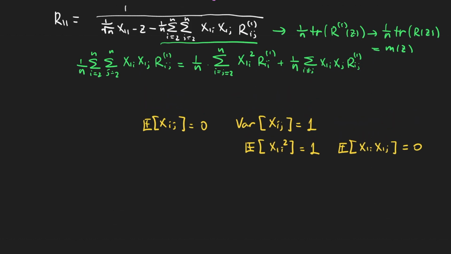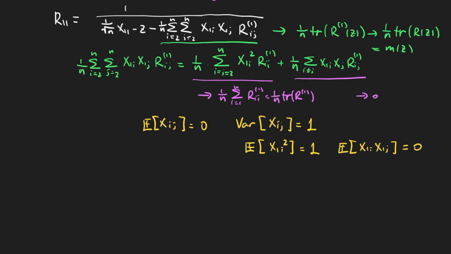And using this property, we'll see that the first term in here will just converge to the expectation, which is 1 over n times the sum of R_ii, which is just 1 over n times the trace of R. And then the second term will just converge to 0.